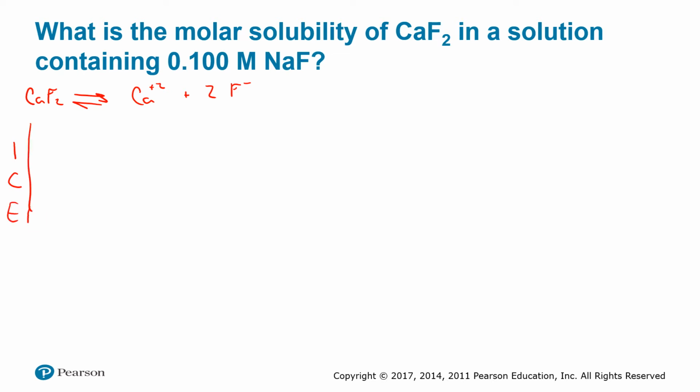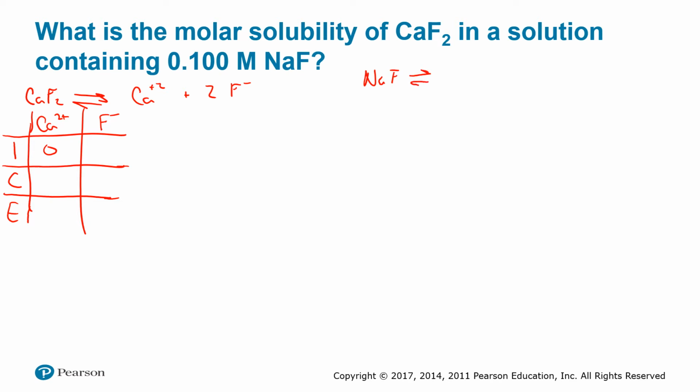same setup, but the initial values are going to be a little different. The solution has sodium fluoride. So in terms of calcium, there's nothing. But it's 0.1 molar sodium fluoride, and sodium fluoride breaks apart into one sodium and one fluoride.